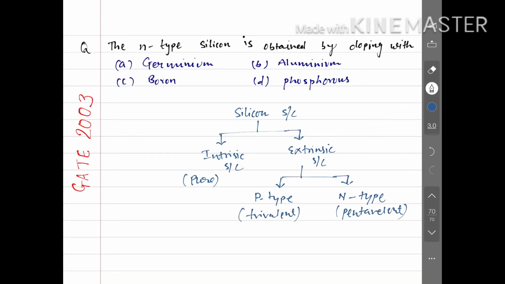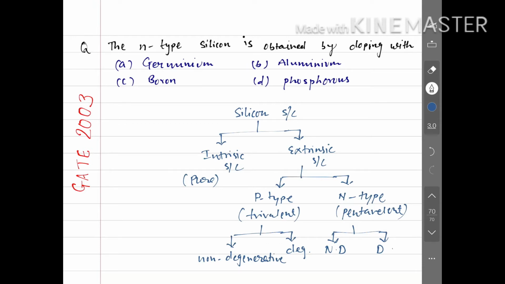Further, p-type is also factorized into two parts, non-degenerative and degenerative. Similarly, n-type is also non-degenerative and degenerative. So what do non-degenerative and degenerative mean?